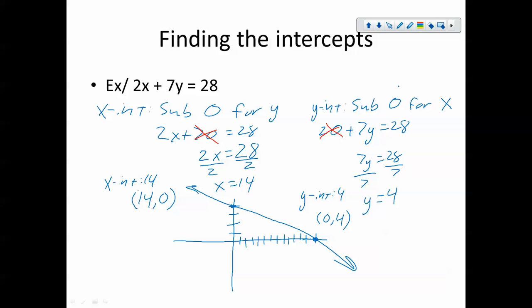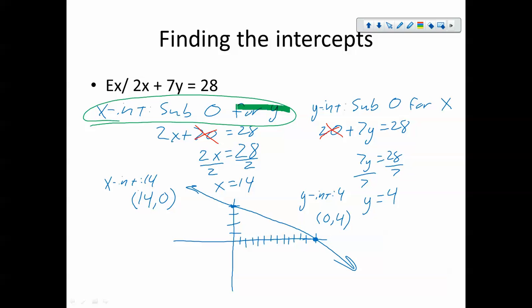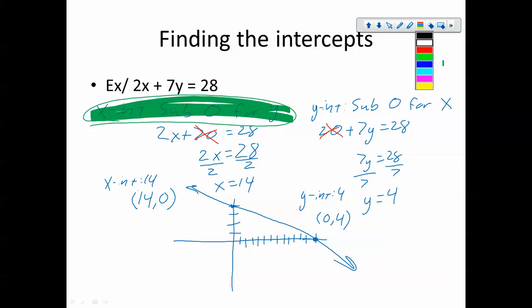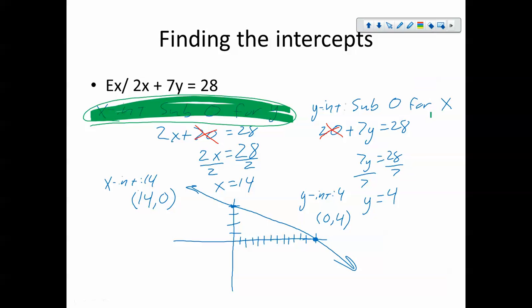To summarize what we're doing here: to find the x-intercept, we are subbing 0 in for y. And when we're doing the y-intercept, we're subbing 0 for x.